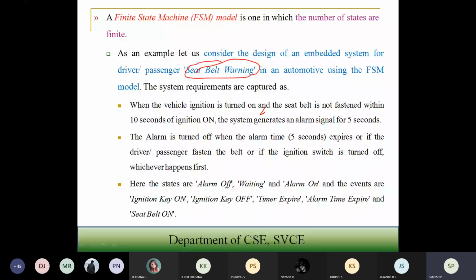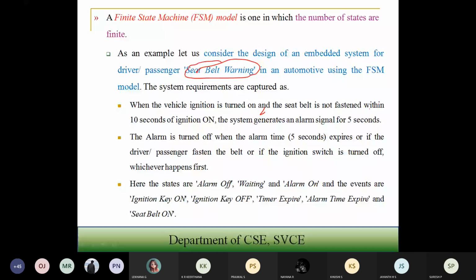Again after 5 seconds it turns off, even if you have not worn your seat belt. That was that time, but now it is not that scenario. Even now, if you do not wear it, the alarm will be continuously beeping.